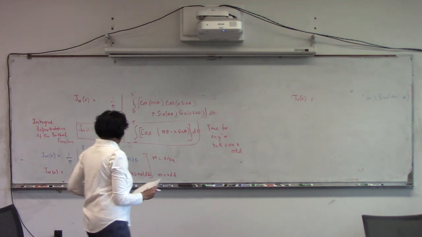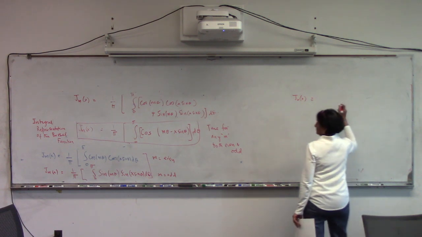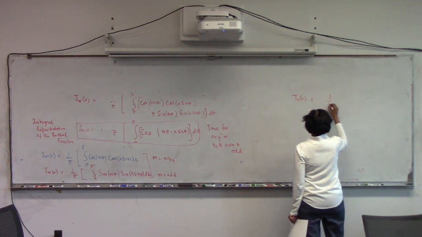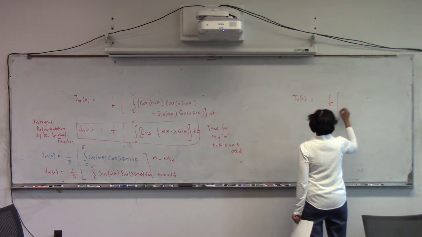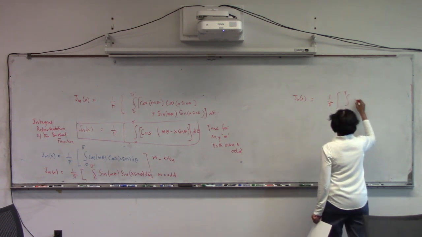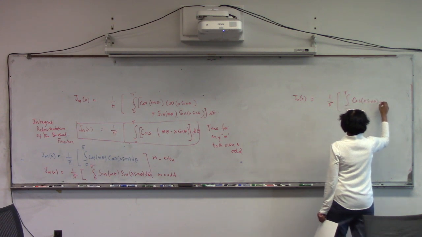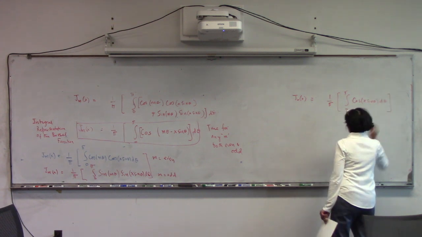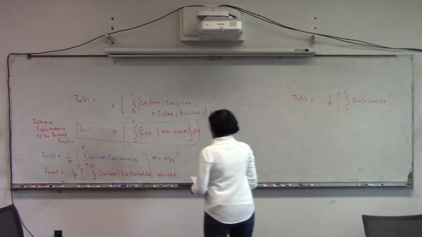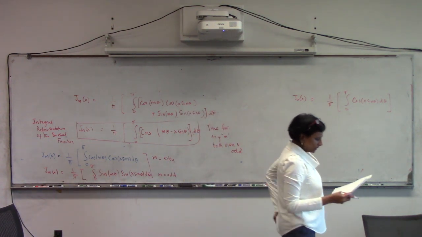It is 1 over pi, with m equal to 0, the integral from 0 to pi of cosine of x sine theta. The sign of the argument doesn't matter, right? So this is what you have, okay?